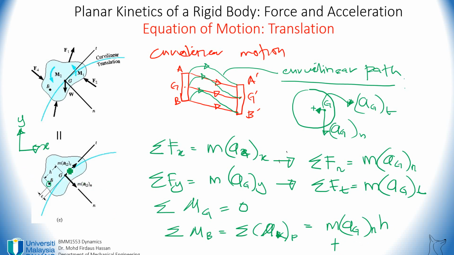Then m a_Gt: if you draw a straight line here and a perpendicular line to B, the distance from B to the line of action of m a_Gt is e. So m a_Gt times e, plus m a_Gn times h. That's the equation of motion for translation.